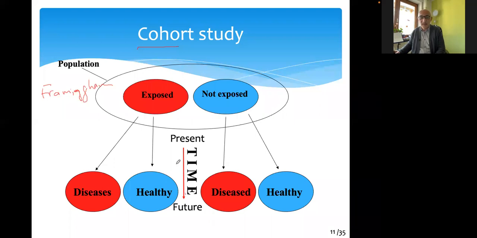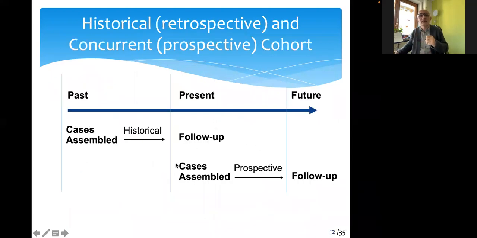That is classically prospective, from today to the future. But it is theoretically possible, of course, to conduct also a historical or retrospective cohort study. How is that possible? By having very sound, clear, good, trustable records which you can access in the past.